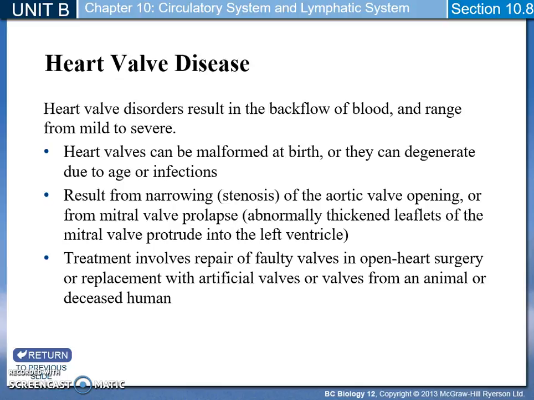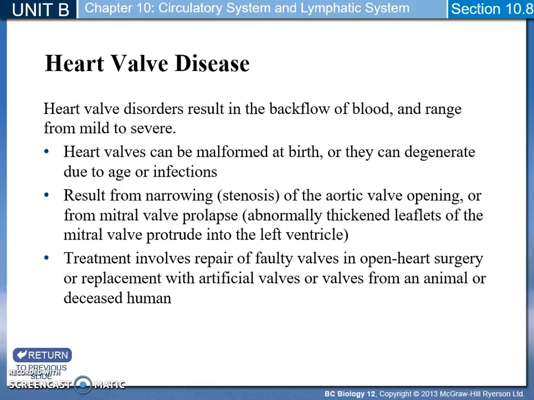It results from narrowing, also referred to as a stenosis of the aortic valve opening, or from mitral valve prolapse, which can be from an abnormally thickened leaflet of the mitral valve, which then protrudes into the left ventricle. Treatment involves repair of faulty valves in open heart surgery, or replacement with artificial valves, or valves even from animals or deceased humans. They've been used as transplants as well.